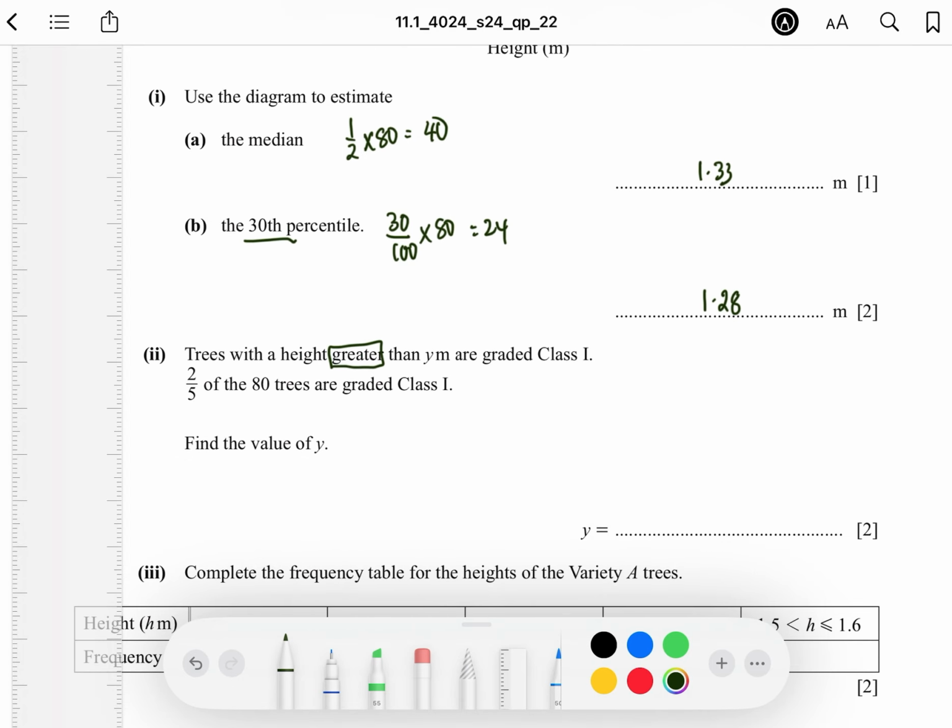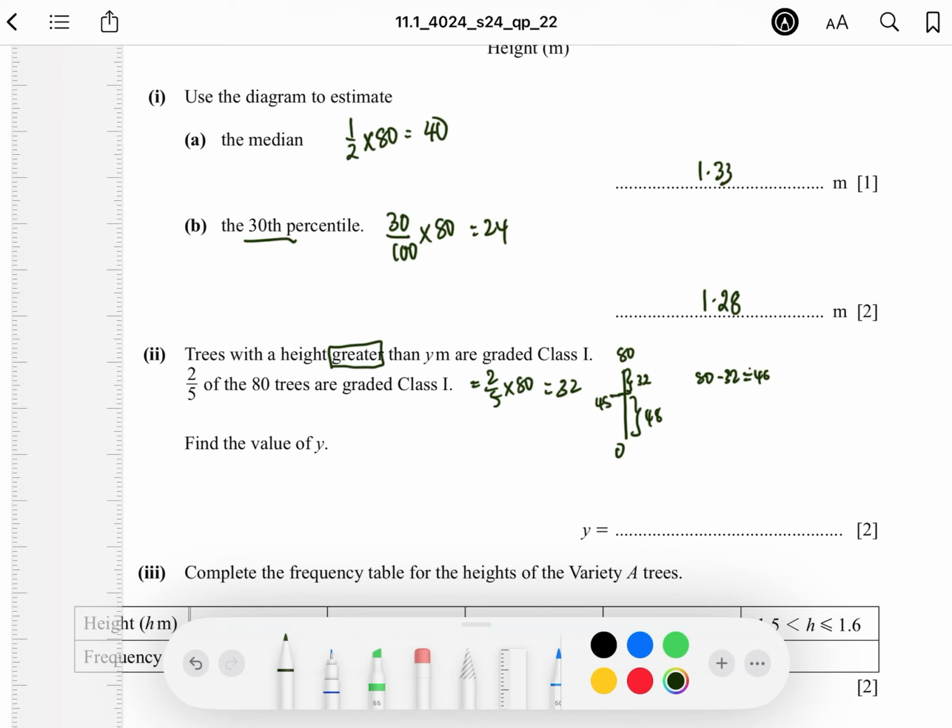In this case, 2/5 of 80, find that value first, which is 32. That means from 0 to 80, the 32 means 32 of this, which means that would be 80 minus 32 equals 48.